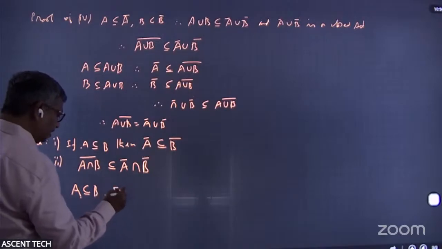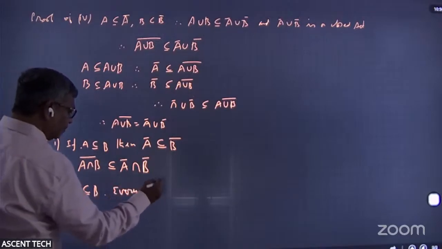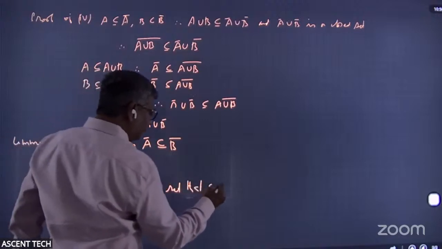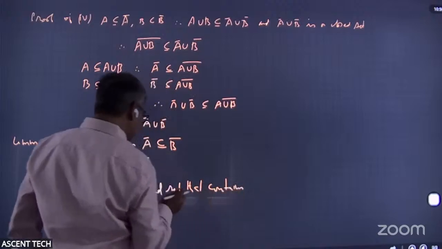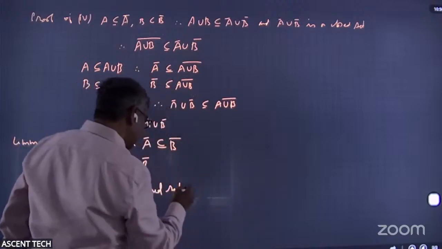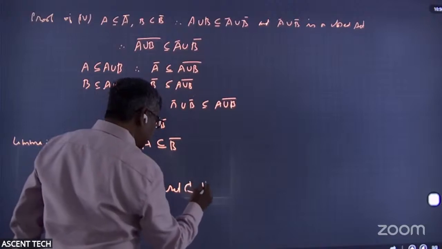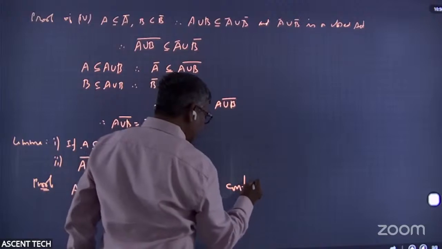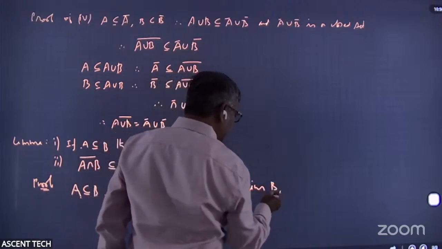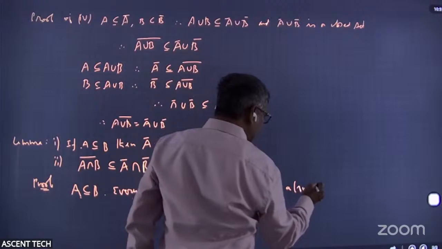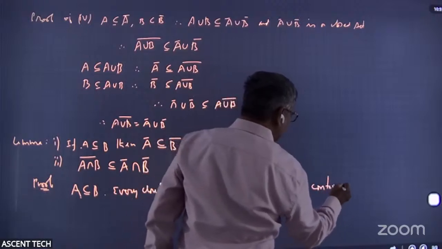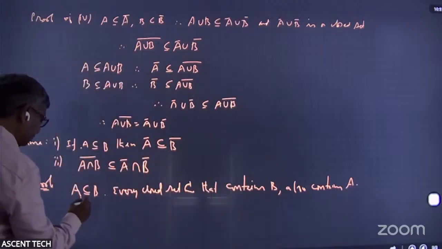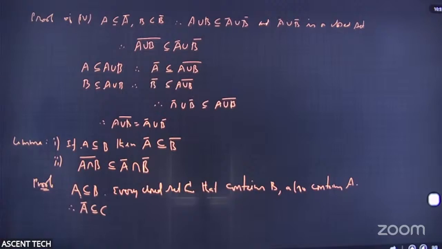Every closed set C that contains B also contains A. Therefore, A bar is contained in C.